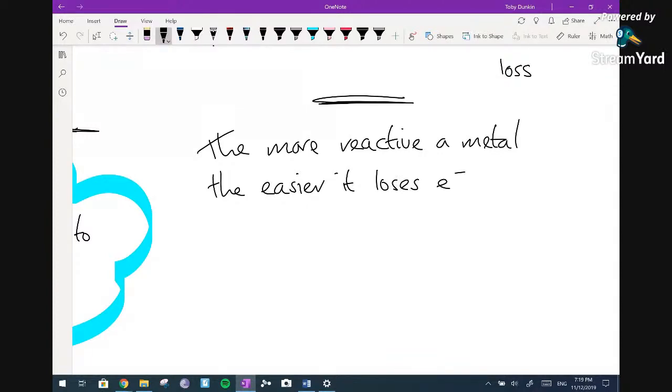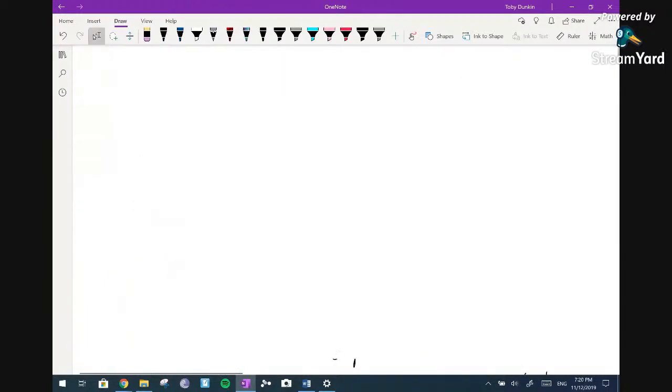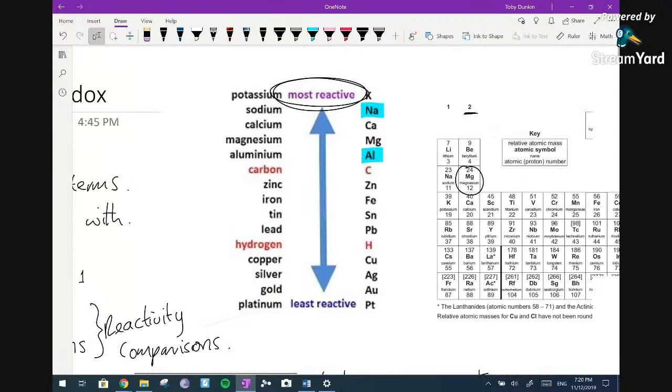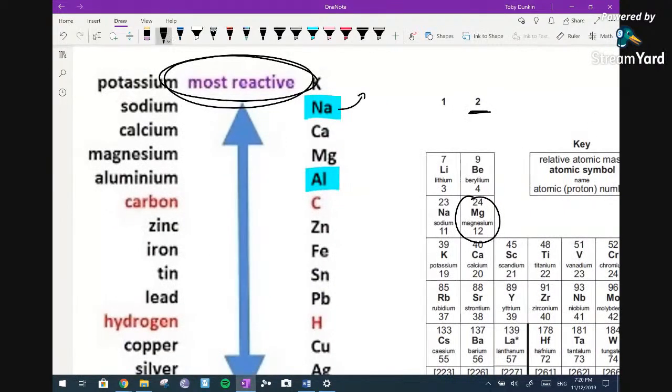So we are focusing in now on the metal setting. We're ignoring our non-metals and their ability to gain. We're looking at metals and their ability to lose. So if I now look at my example, we can say sodium loses electrons more easily. I'm tempted to say better, it's not a good word.